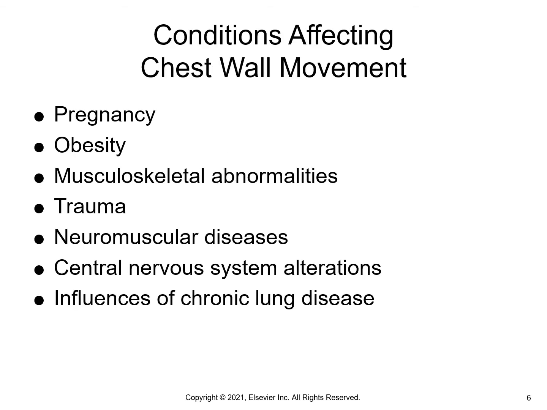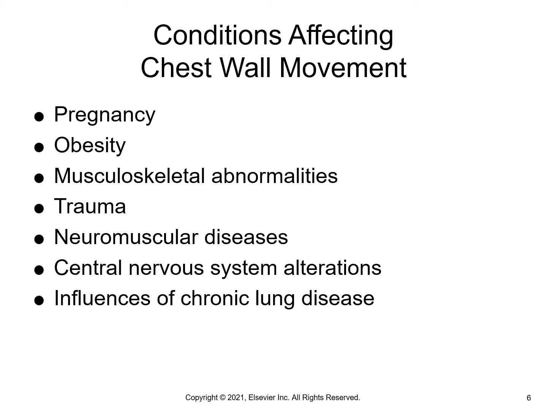The next set of conditions that affect oxygenation are due to chest wall movement. And here again we see pregnancy, because the fetus is going to grow and push those abdominal contents against the diaphragm, so we'll have less inspiratory capacity, and so you'll see exertion and increased fatigue because of that.